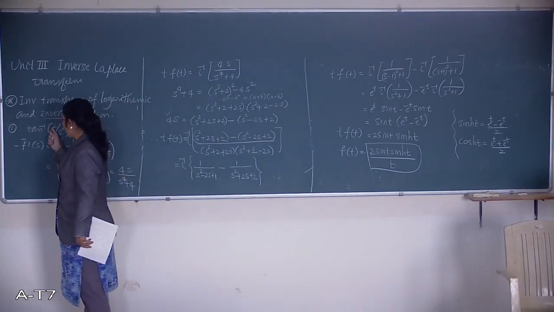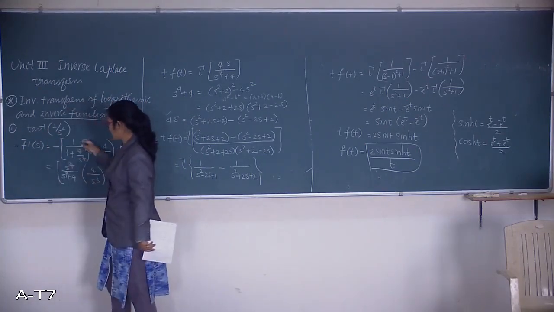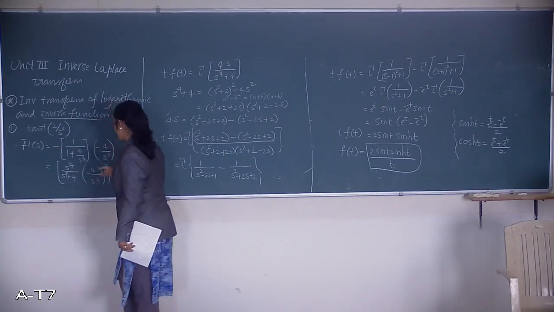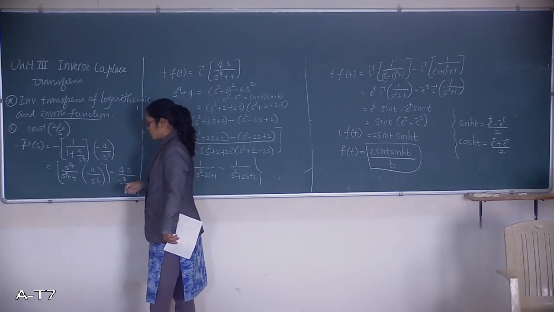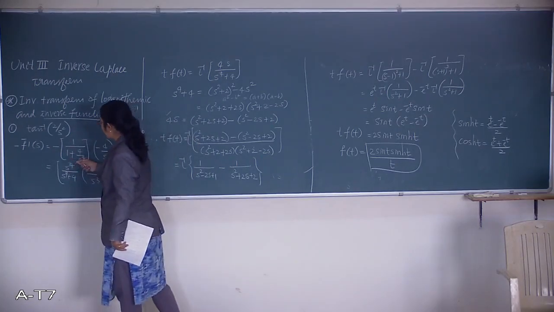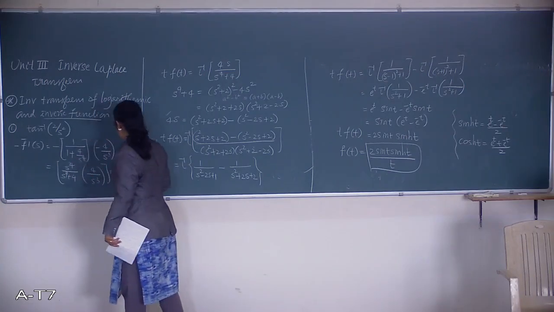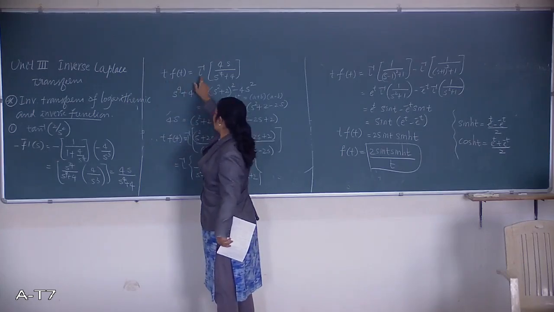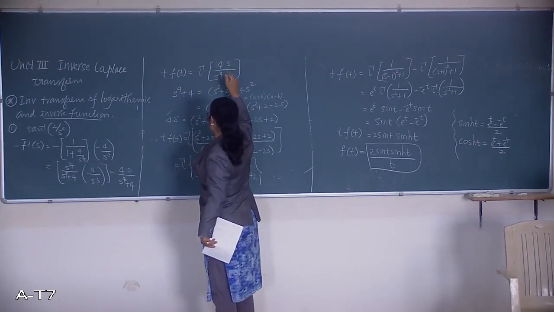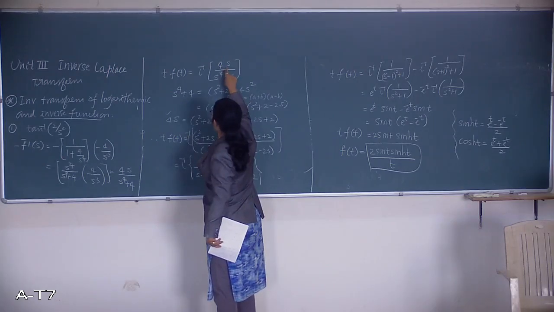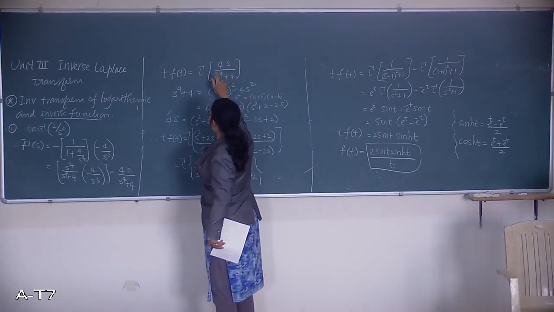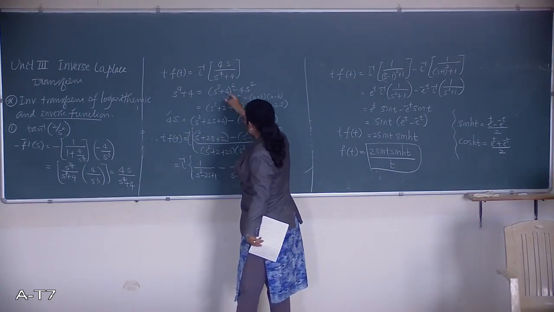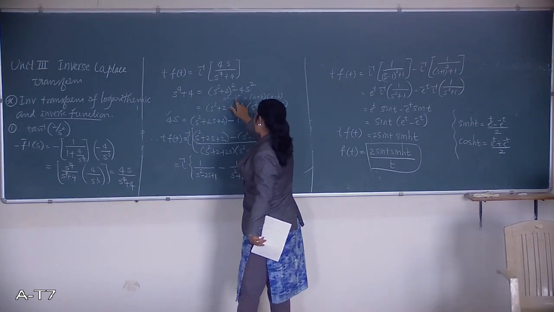Inverse function I have taken is tan inverse of 2 divided by s square. First, differentiation: minus into d by ds of 2 divided by s square, that is minus 4 by s cube. LCM is taken, s power 4 is shifted to the numerator, and simplification gives this answer. Then LHS is nothing but TF of t, and the inverse of this we are going to find. Looking at this, it will be difficult to find the inverse in the given form. So first we consider the denominator, and this can be written like this, which is in the form of a square minus b square.